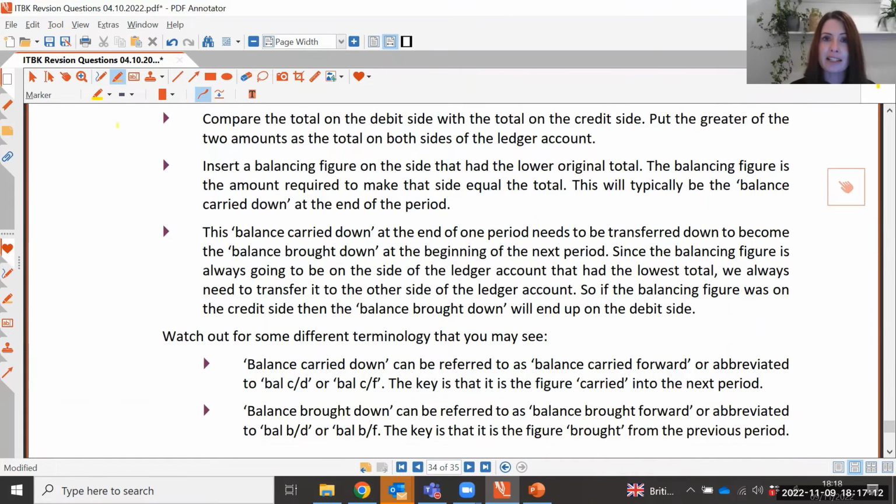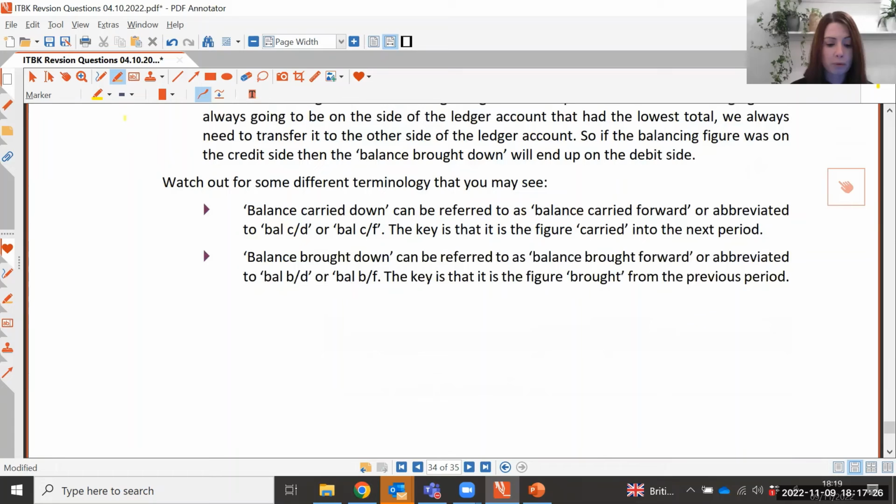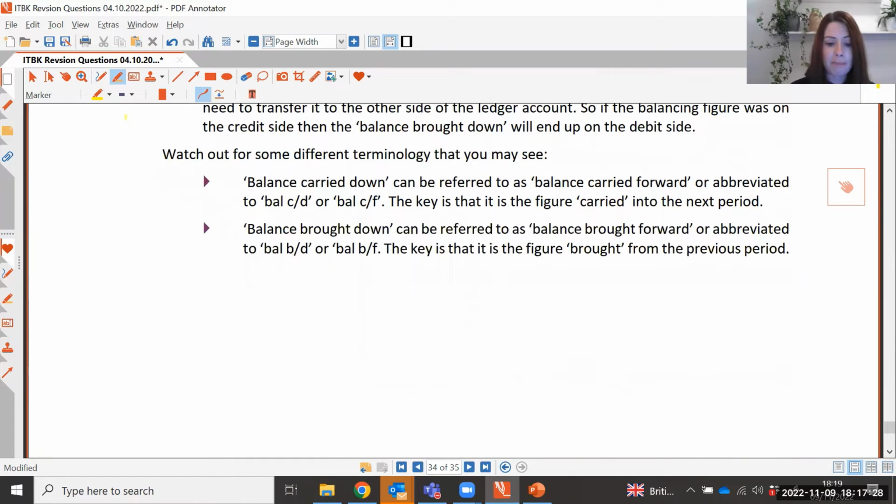Then at the start of the next period, that balance carried down, we would transfer over to the opposite side of the account, and it would then start off our next period as a balance brought down. Now, one thing to watch out for is that the balance carried down may sometimes be referred to as the balance carried forward, but it means the same thing.